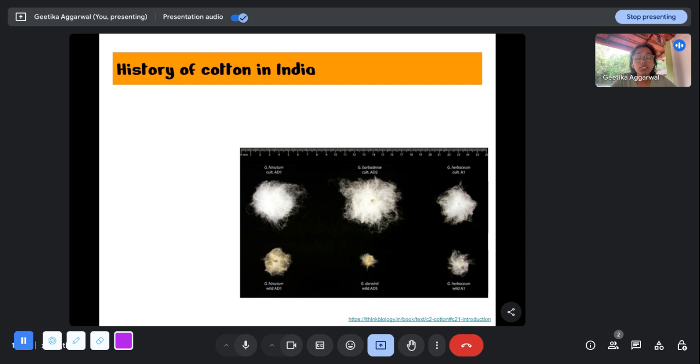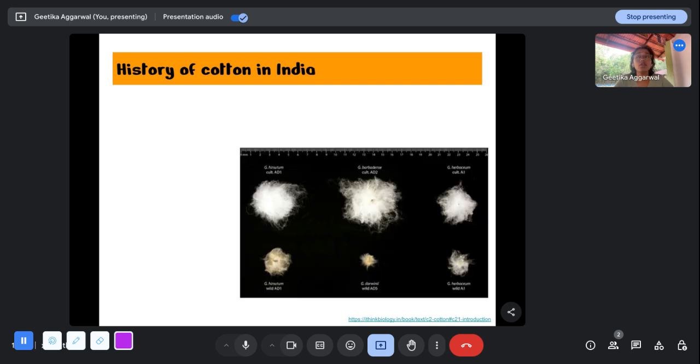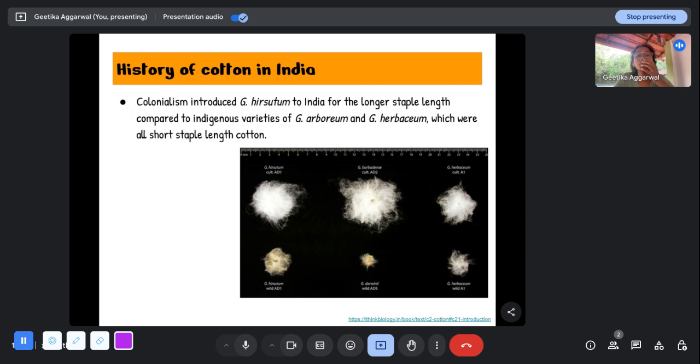So now the Britishers, the East India Company, started importing huge amounts of cotton. One thing that they wanted was that the cotton they imported should have a longer staple length. Staple length, you can see here, this is the staple length of different cotton species. You can see herbaceum and barbadense have smaller staple lengths compared to the cultivated hirsutum.